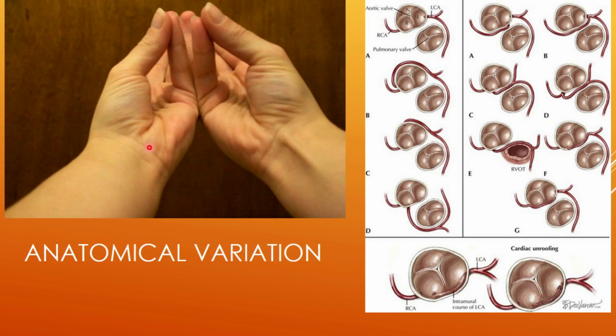As I say, in up to 20% of the human population, palmaris longus will be completely absent, and then you can have a situation like this individual where they have one palmaris longus on one side, but the other side doesn't have one, or you could have a palmaris longus on both sides.